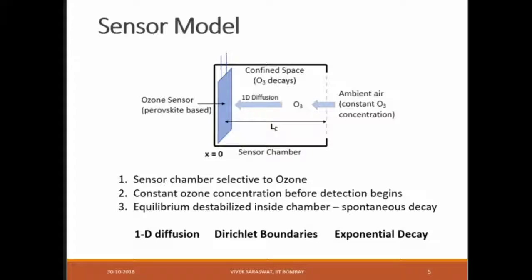It's a 1D diffusion. The boundaries are Dirichlet, with a fixed ambient concentration. Since it's a diffusion limited case, we assume that the reaction is fast and there is no concentration here; it quickly goes to zero, and everything gets absorbed when it's on the surface. And within the sensor chamber, there is a lifetime of ozone, and we assume an exponential decay.